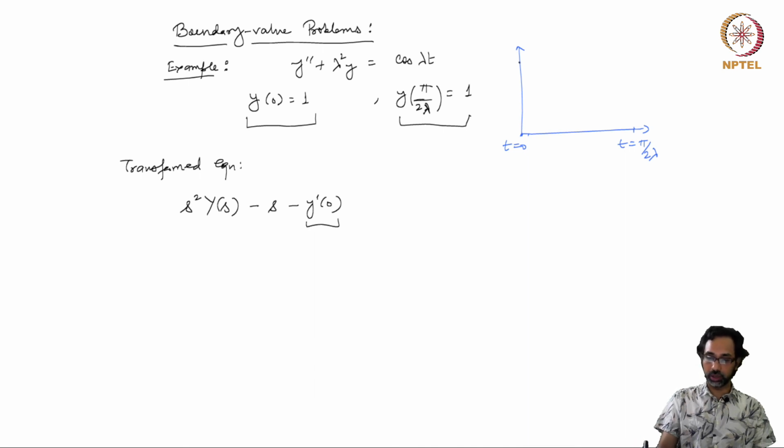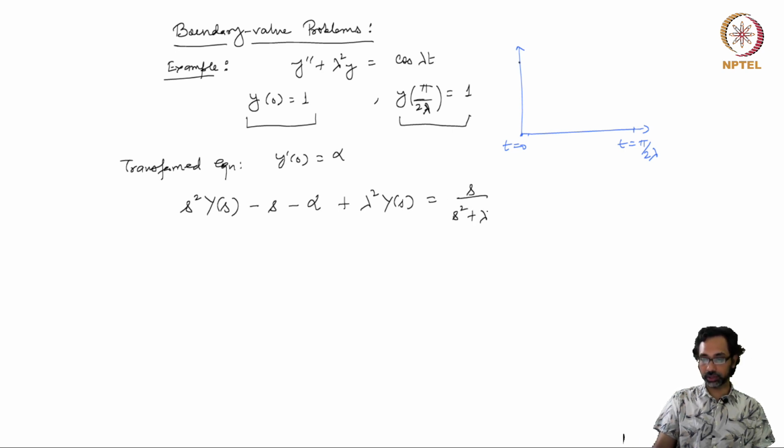This is not known, so we can let y prime(0) equal some constant alpha to be determined, and I am just going to put alpha here, and then plus lambda square Y(s), and on the right hand side you will get s over s square plus lambda square.